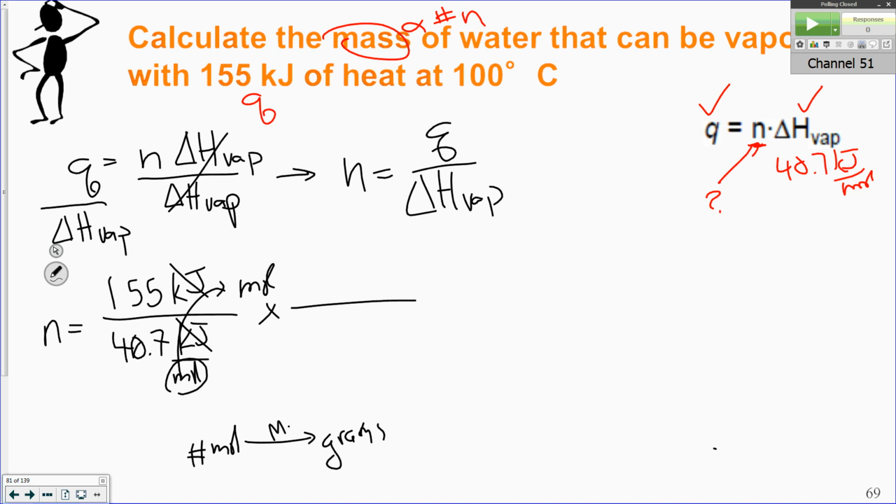I do that with the molar mass. I set it up so the units cancel out: 18.02 grams of water per 1 mole of water. That allows my moles of water to cancel out. The only thing I'm left with is grams of water in my dimensional analysis. Got my answer.